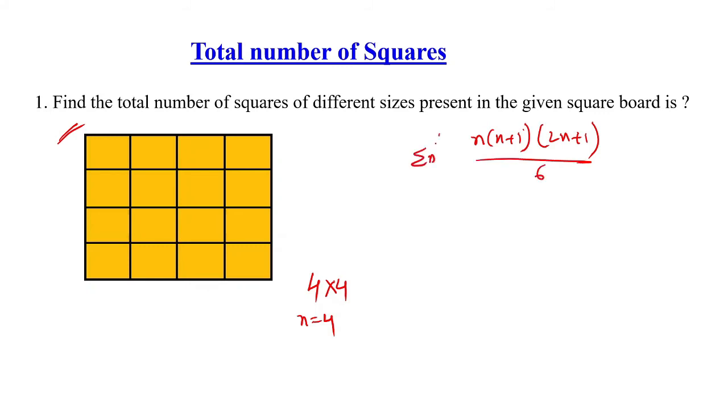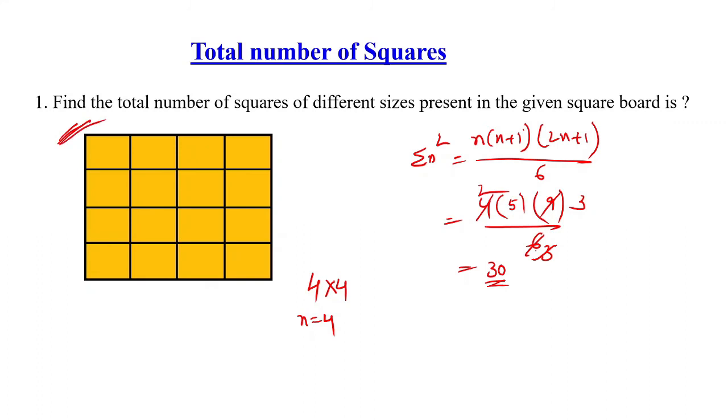This is the sigma n square formula. n value is 4. 4 into 4 plus 1 means 5, into 2n means 8, 8 plus 1 means 9. 9 by 6. Then here 2 times and 3 times. This 3 cancelled 3 times. 5 into 2, 10. 10 into 3, 30. There are 30 squares in this diagram.